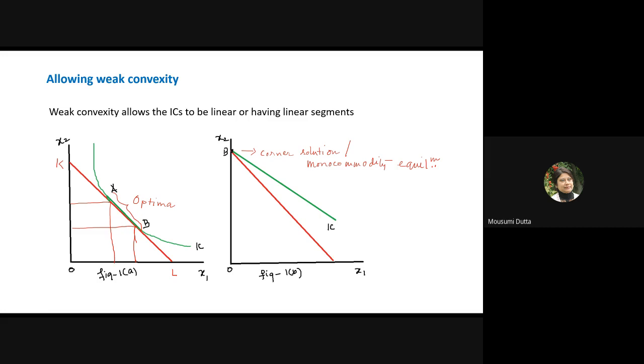The equilibrium lies at point B on the x2 axis, since any other point on the budget line lies on a lower IC.